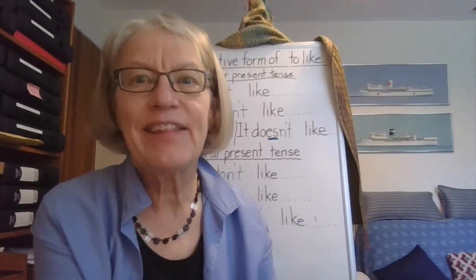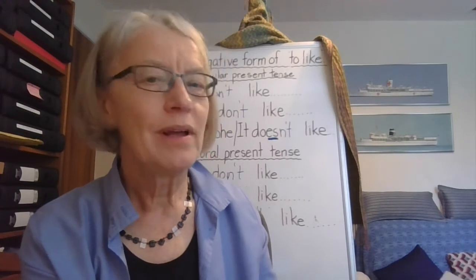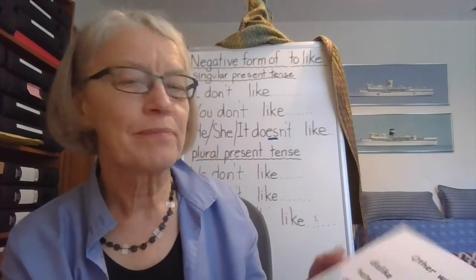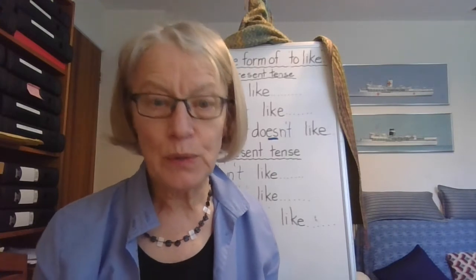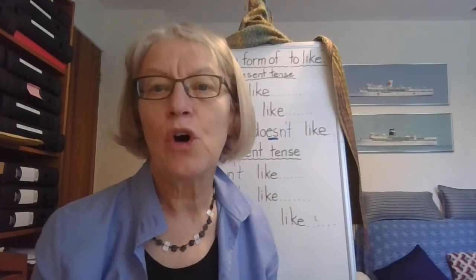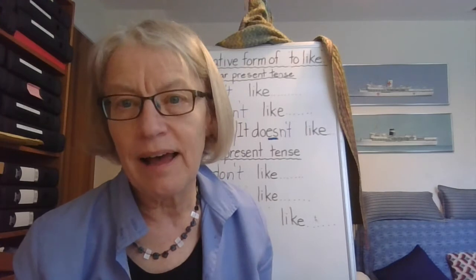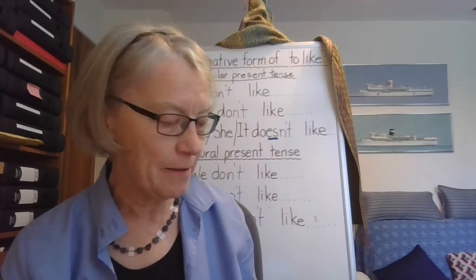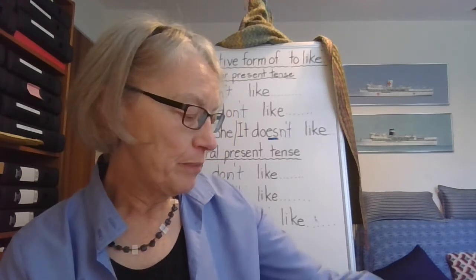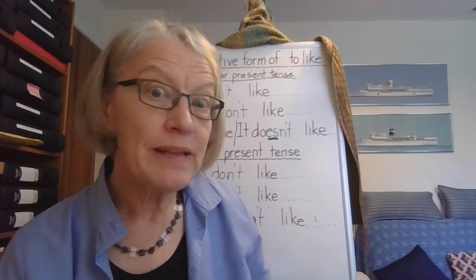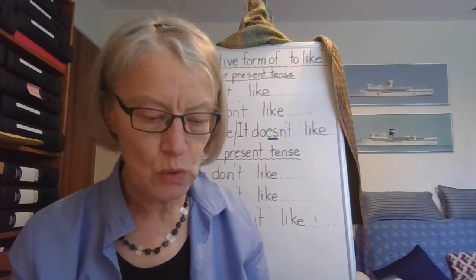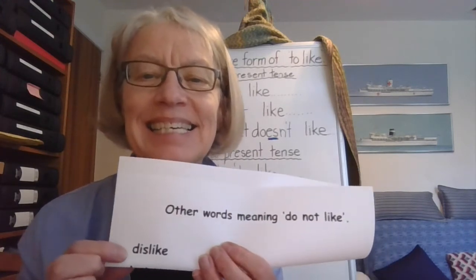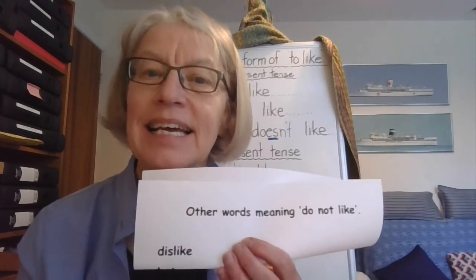We're nearly at the end now. One more thing to learn. There are some other words that we can use instead of do not like or don't like or doesn't like. So these are verbs which mean the same thing. The main one we would use is dislike.